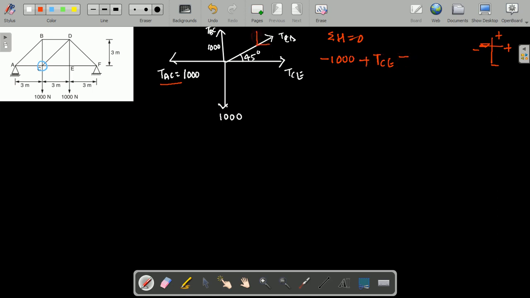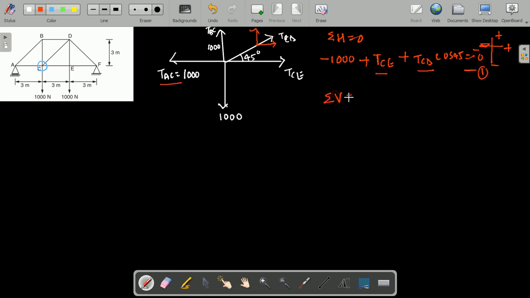That is TCD in the positive direction, that is TCD cos 45 equal to 0. Keep it as it is because TCE and TCD are both unknown. Consider this as equation 1.